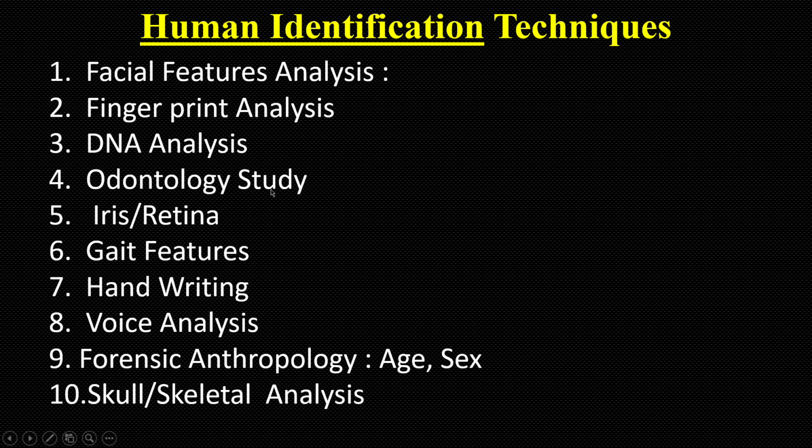These techniques are facial features analysis from the photo or the CCTV footage, fingerprint analysis, DNA analysis, odontology study, iris or retina analysis, gait features analysis, handwriting analysis, voice analysis, forensic anthropology analysis, and skull or skeleton analysis. These are the main techniques used for human identification for forensic purposes.